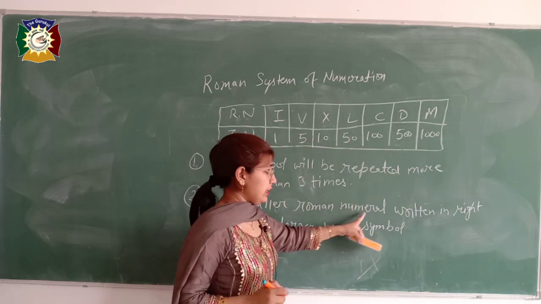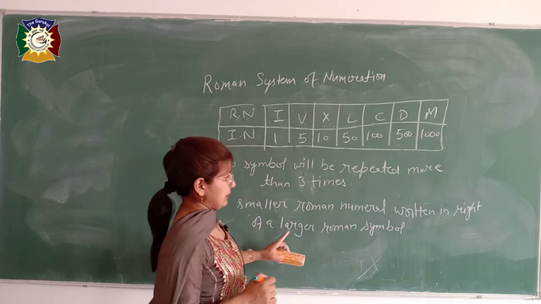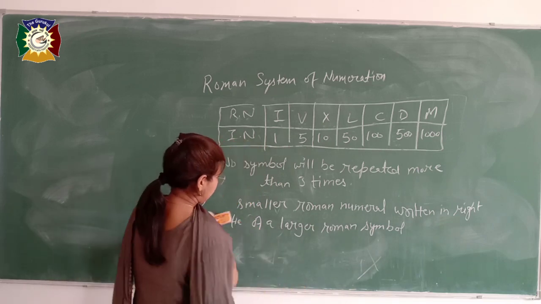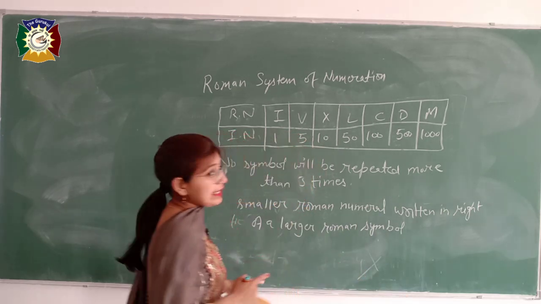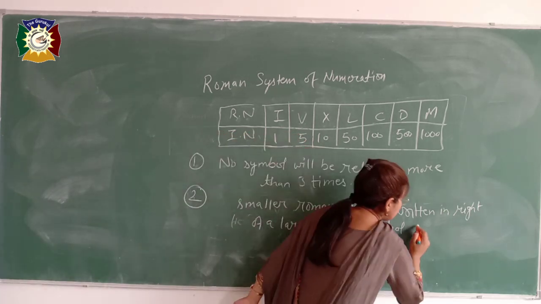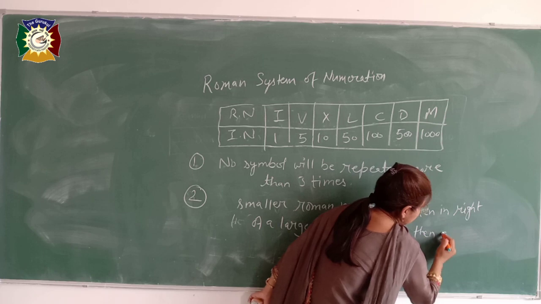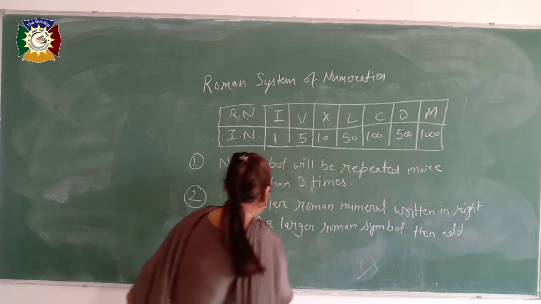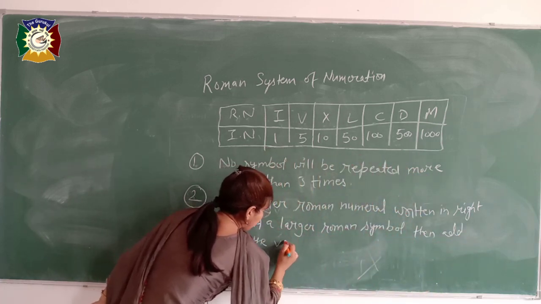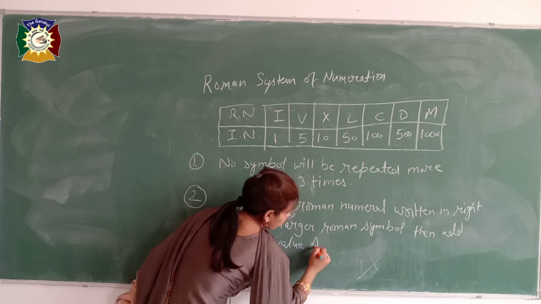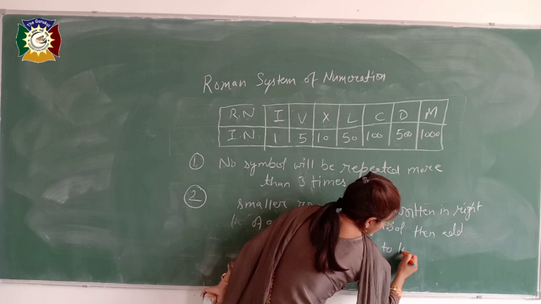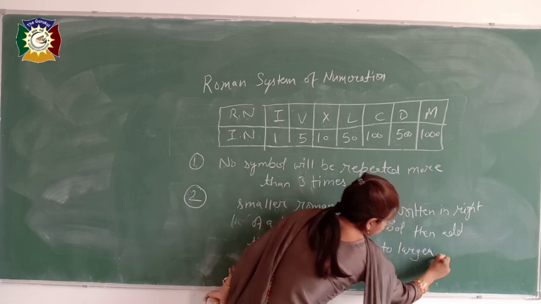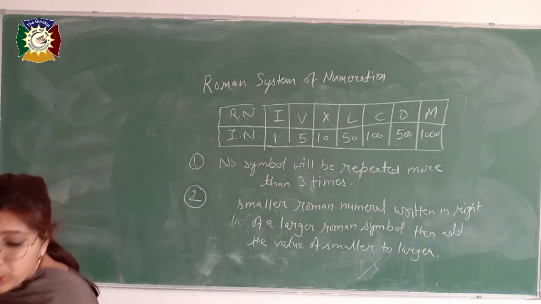A smaller Roman numeral written in the right of a larger Roman symbol, then what you have to do? That time you have to add the value of smaller to larger. Smaller to larger, you have to add the value.